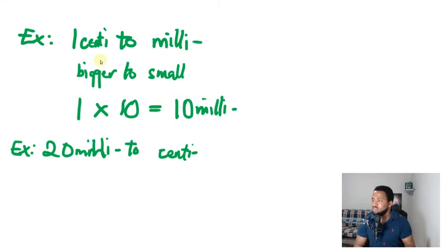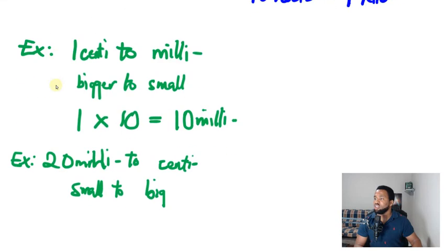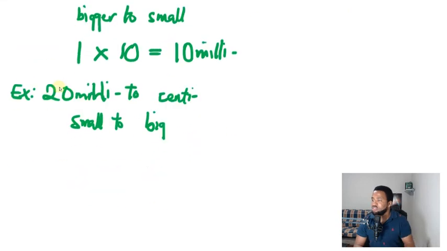So in here, this is from small to big. And to go from small to big, what operation are we doing with this number? The operation is we are doing division. So we're dividing this number, which is 20, keep that in mind, dividing it by how many?